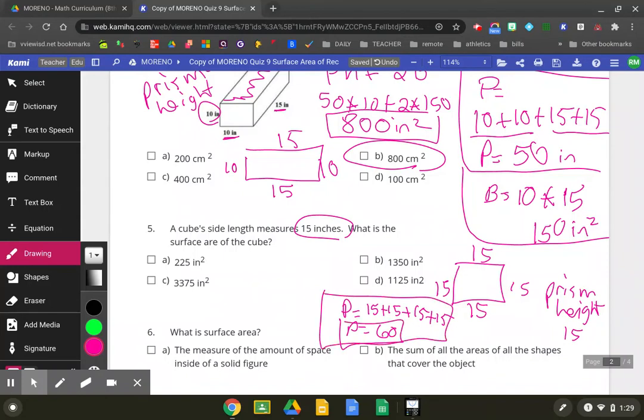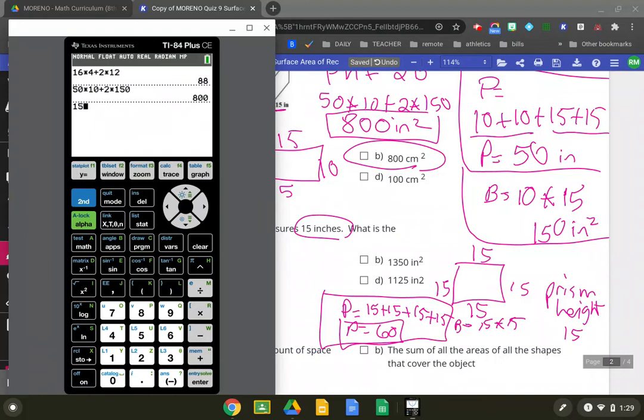And the next one, big B, would be 15 times 15, which gives us 225.